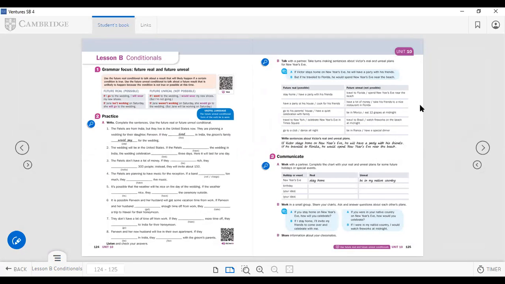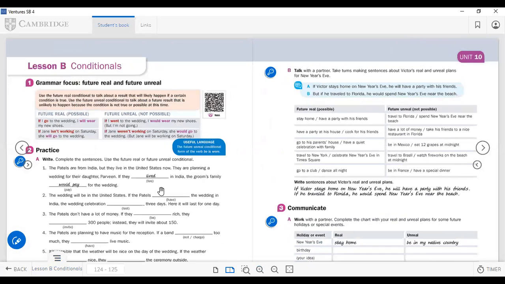So here in this exercise, it is explaining to my students the different conditionals. So it is future real, which is like the first conditional, and the second conditional. So I have been working on this one, using the verb in past and using would, which is the second conditional.